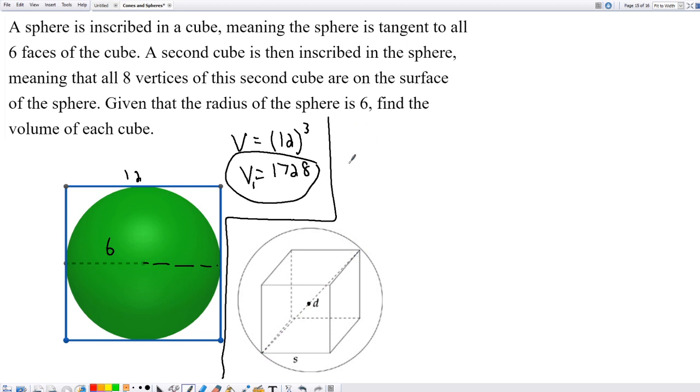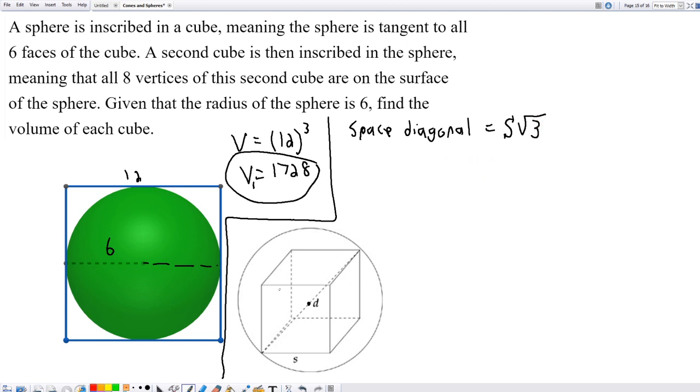Now, I don't know if we can recall, but there's actually a formula for the space diagonal of a cube. Space diagonal is equal to the side length times the square root of 3.